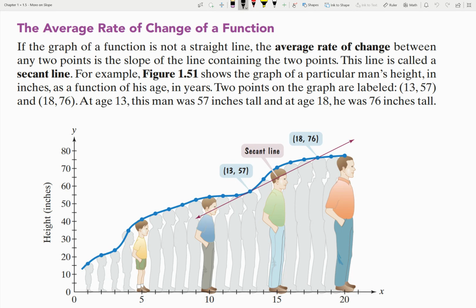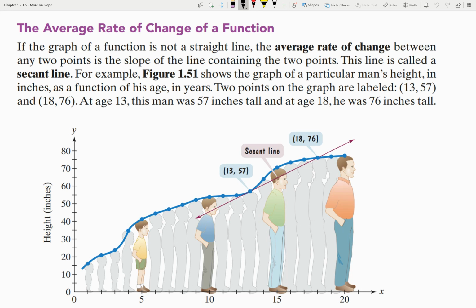Okay, so now let's talk about the average rate of change of a function. If the graph of the function is not a line, the average rate of change between any 2 points is the slope of the line containing those 2 points.